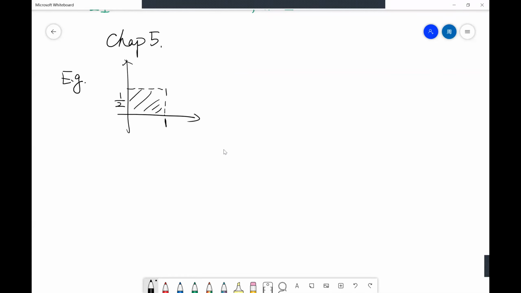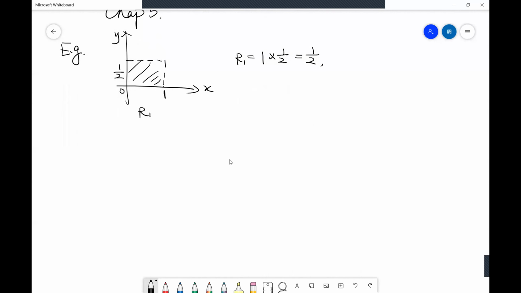Here is the region, maybe we can call it region 1. If we want to calculate the area of region 1, we know we have the formula, right? That means 1 times 1/2 equals 1/2, right?